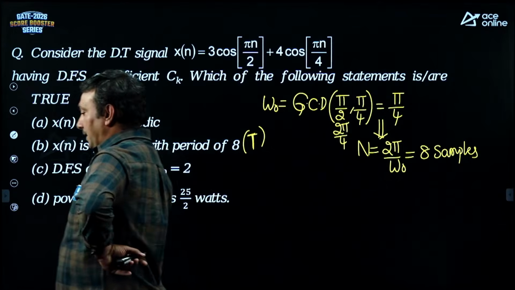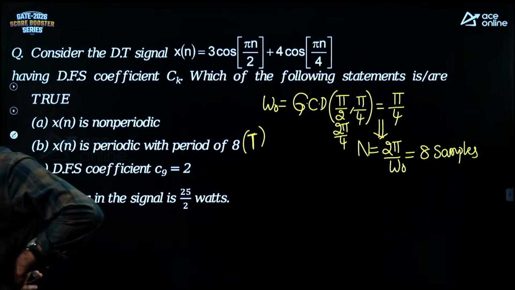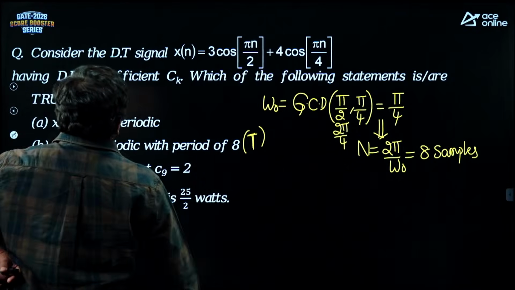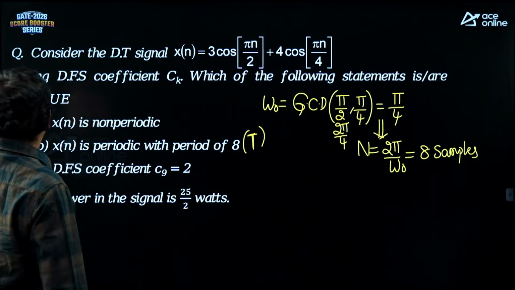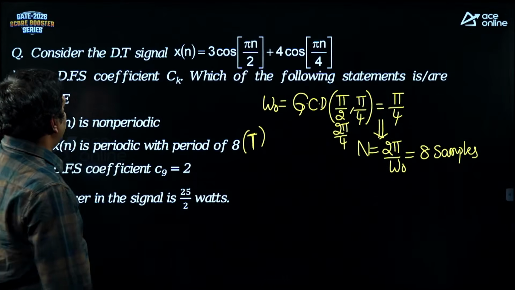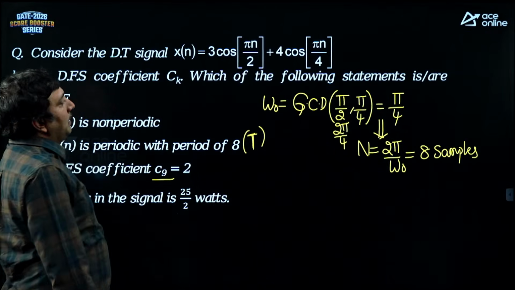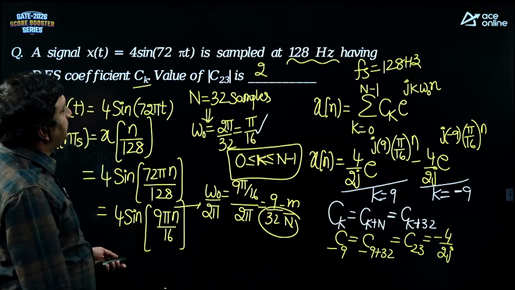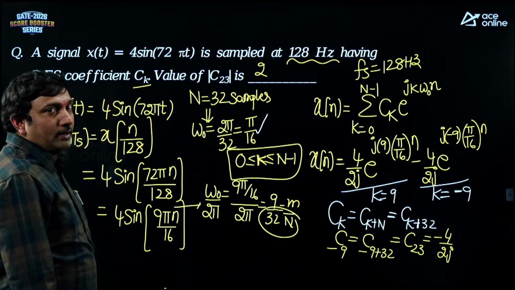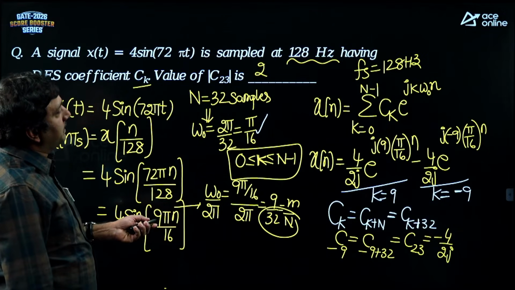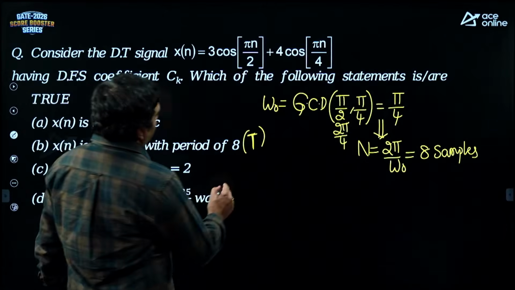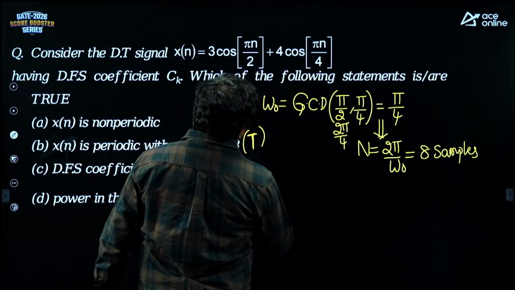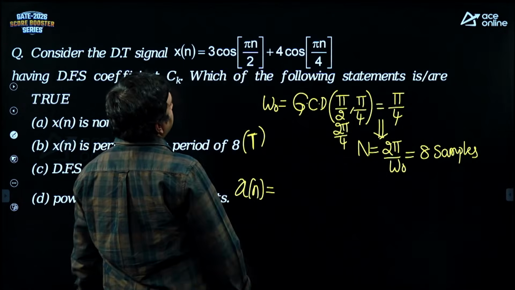It is periodic. He is saying the discrete Fourier series coefficient C9 equals 2. This point we have to verify. Like we have done in the previous slide, try to write the discrete Fourier series representation of the signal. What is the expansion?